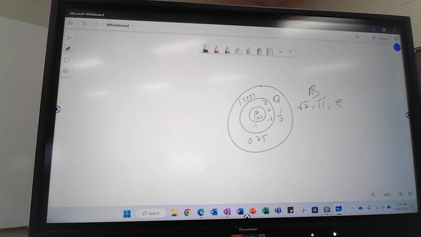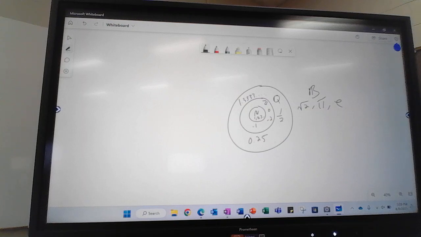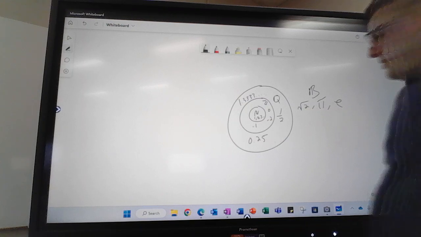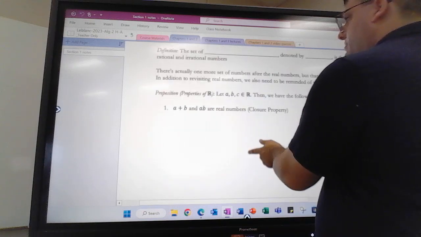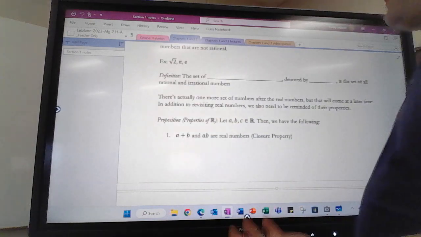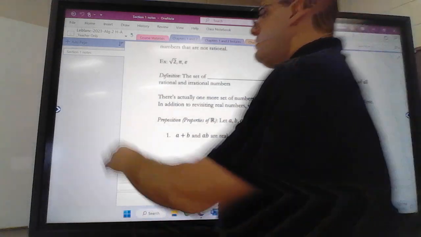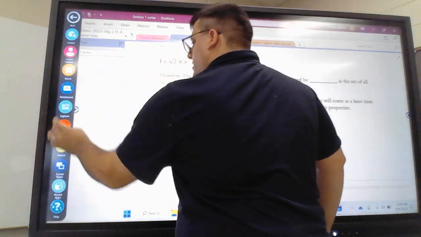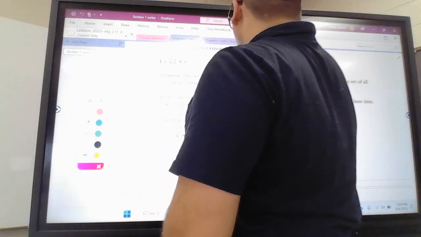When we talk about exponential and logarithmic functions, the number e will play a part in that. And then, when we get all the way to the top of the list, when we take our rational numbers and our irrational numbers together, then we get the universe of real numbers.